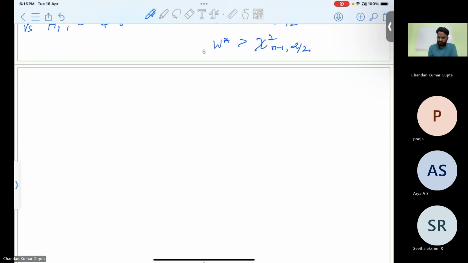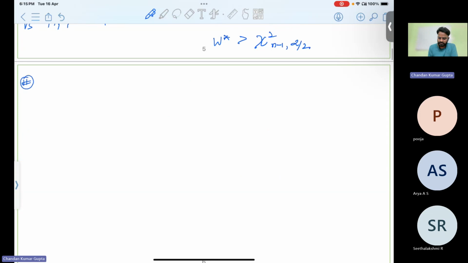Now the third one is the test for proportion. In this case, the null hypothesis is defined as, suppose, P equal to P naught against P not equal to P naught.